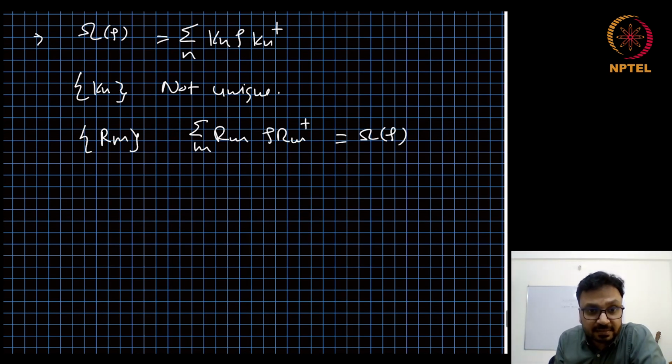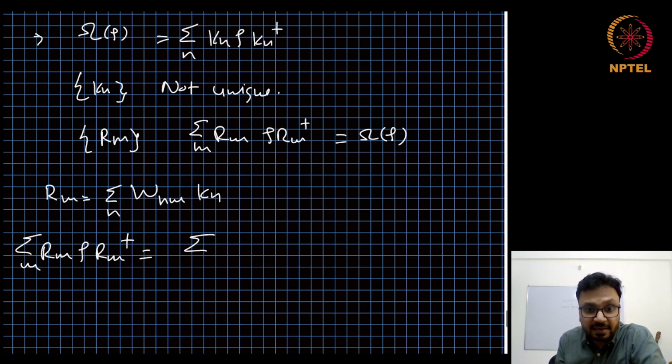To prove this, let us say Rm is chosen in such a way, Rm equals sum over n, W_nm Kn. Then sum over m, Rm rho Rm dagger can be written as sum over n, n prime, and m, W_nm Kn rho W star_n prime m Kn prime dagger.